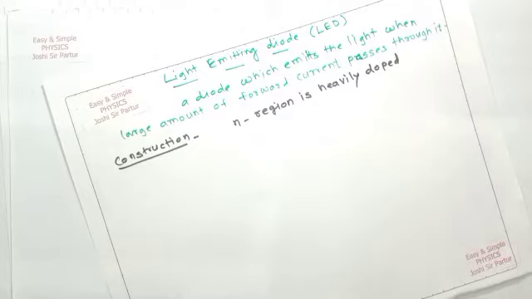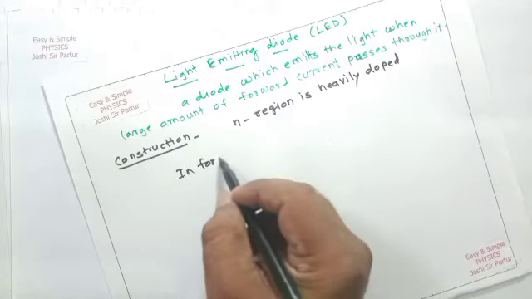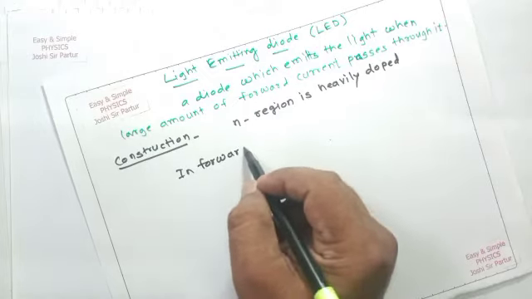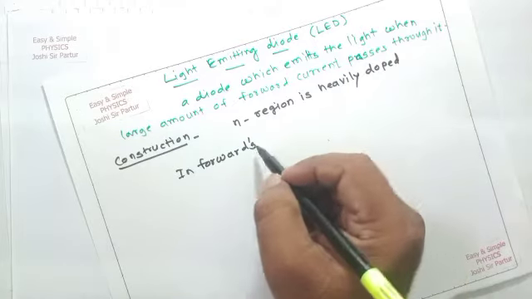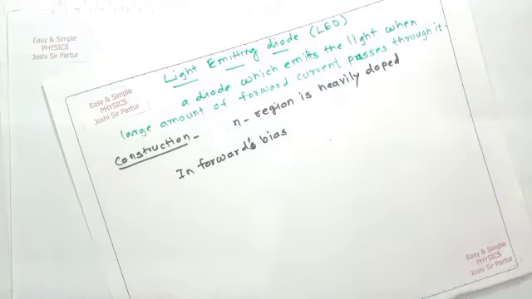When the PN junction diode is in forward bias, electrons from the N region and holes from the P region cross the junction and collide with each other. Means electrons recombine with holes.